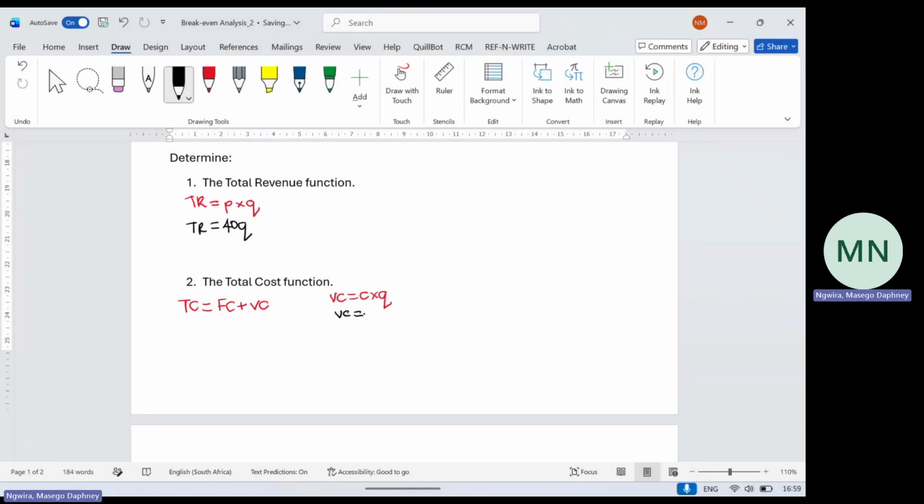Our cost is 16 Rand, so this will be 16Q. Now we can calculate total cost. Our fixed cost is 12,000 Rand, plus the variable cost 16Q. So this is our total cost function.